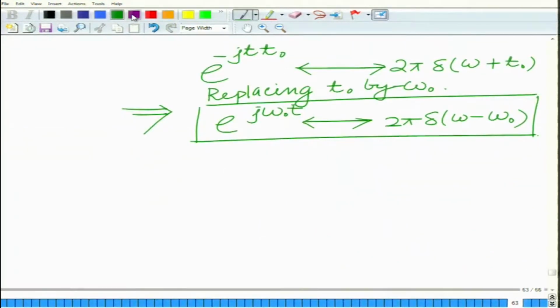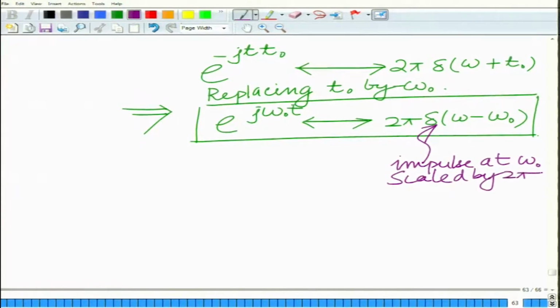This is an impulse located at omega naught scaled by 2 pi.